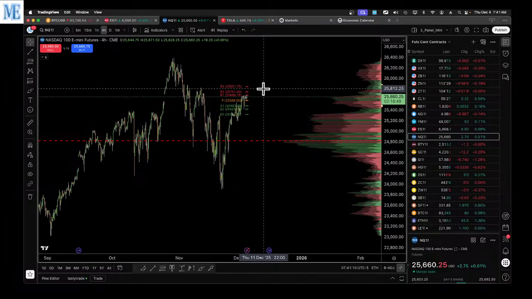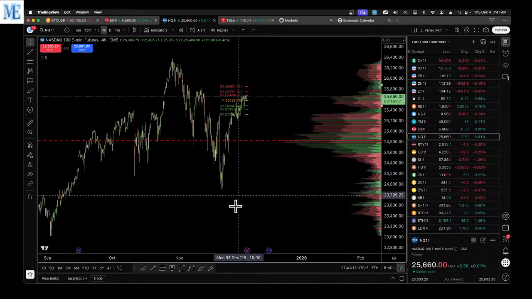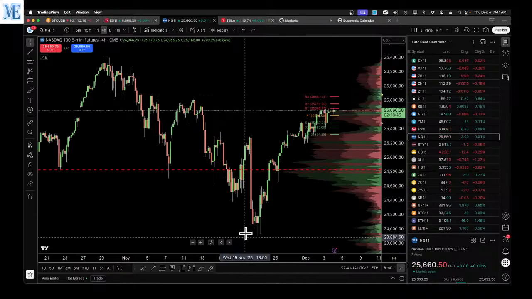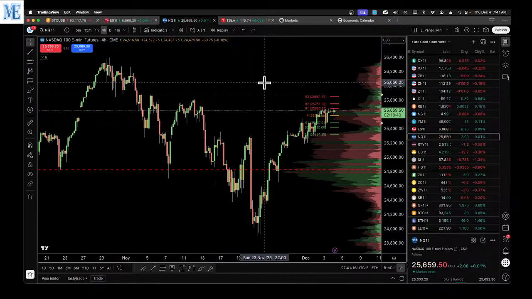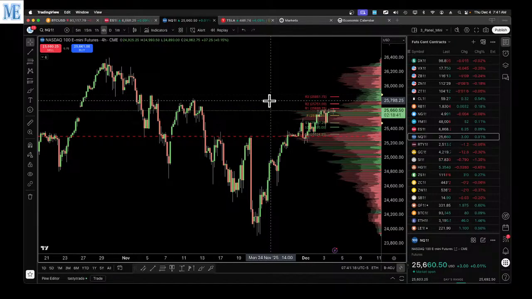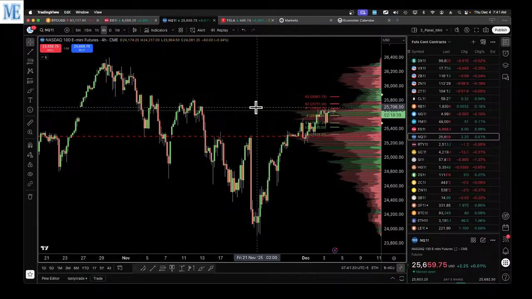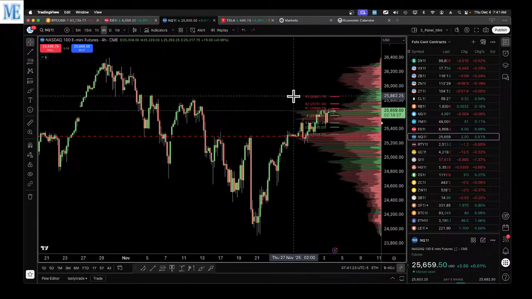Now, as far as the upside and shorting, I don't know. I have a problem. I'm just going to zoom out a little bit. I have a problem shorting this up here. I mean, the only spot that I marked last night was up here at 25,880, which is just above R3.